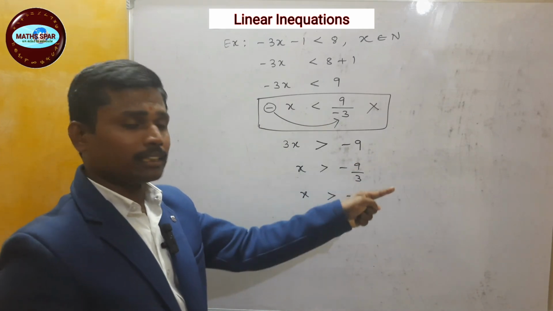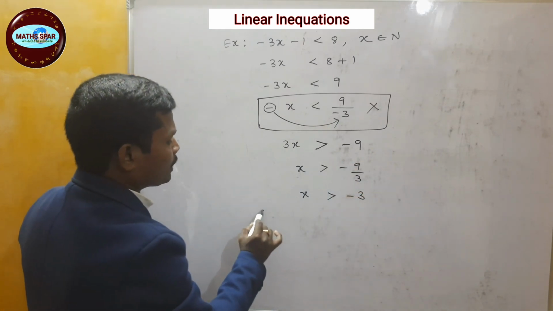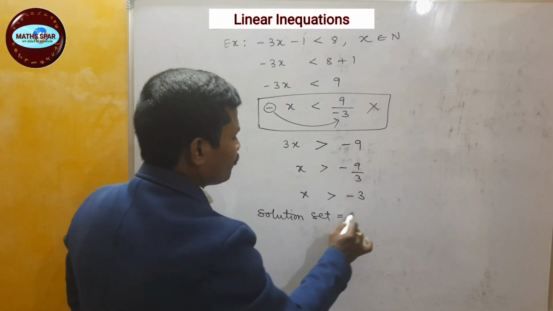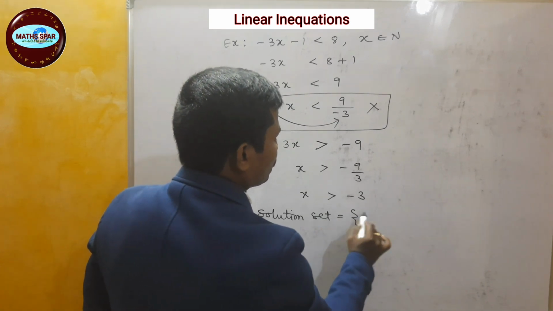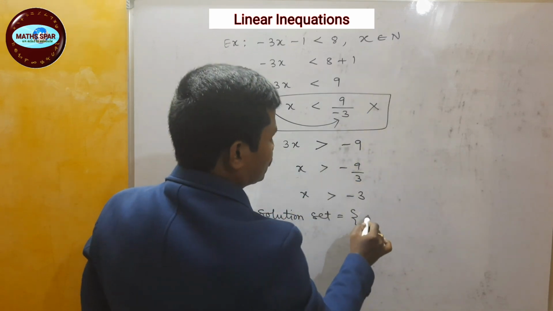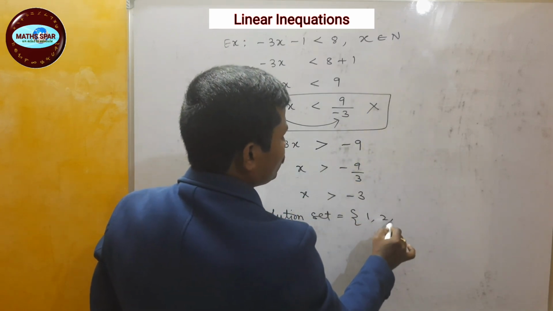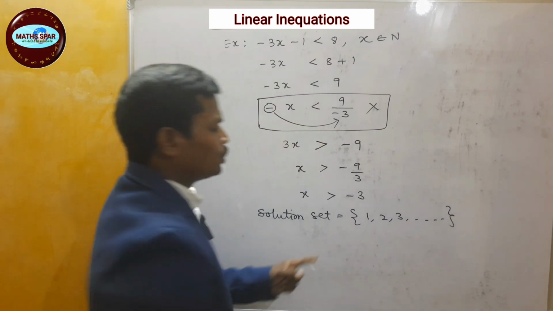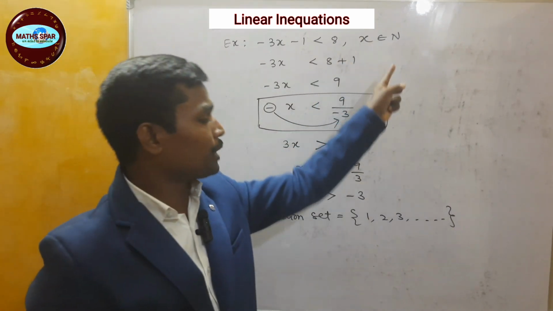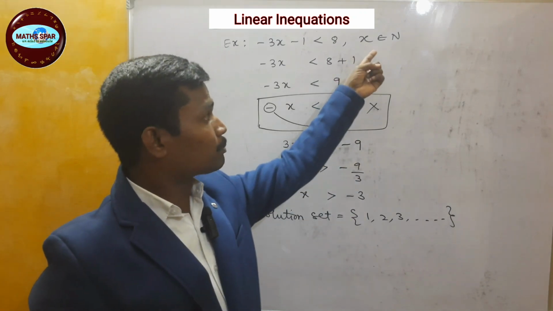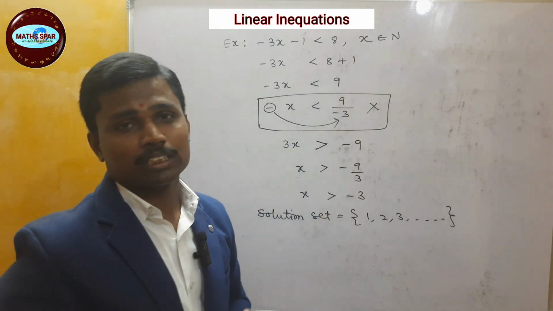So what will be the solution set now? The solution set will be greater than minus 3. Greater than minus 3, what are the natural numbers? It will start from 1, 2, 3 and so on. Means all x belongs to N will come under the solution set. So here the replacement set is nothing but the solution set.